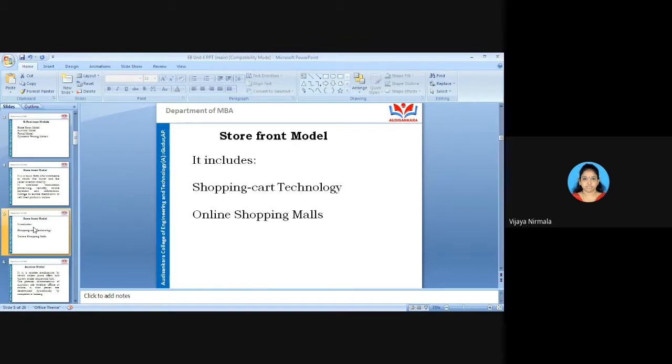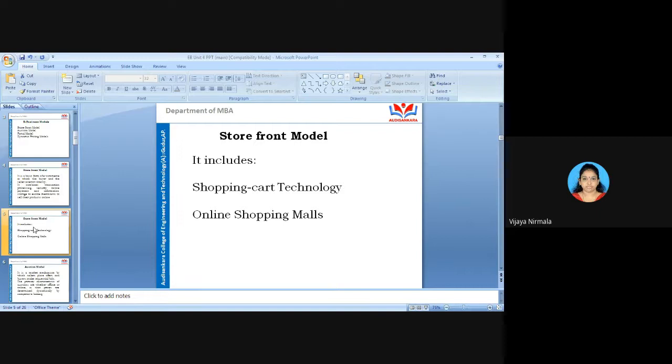Supporting the shopping cart is a product catalog, which is hosted on the merchant server.